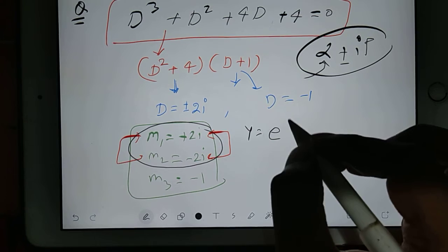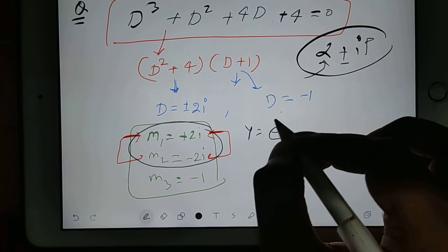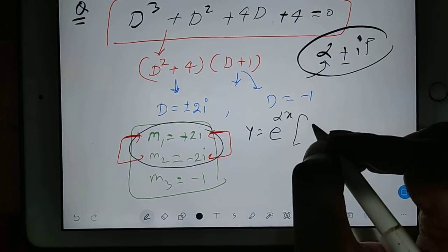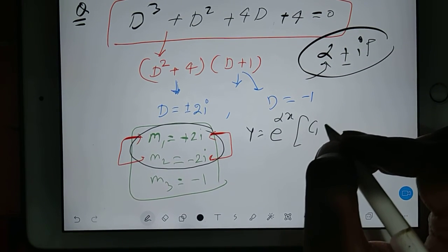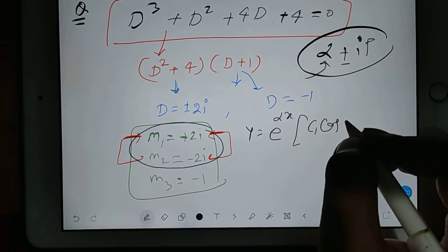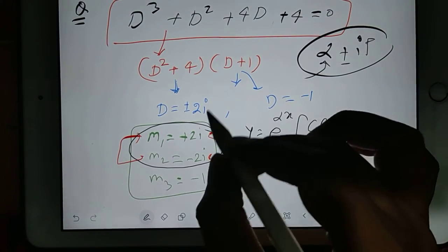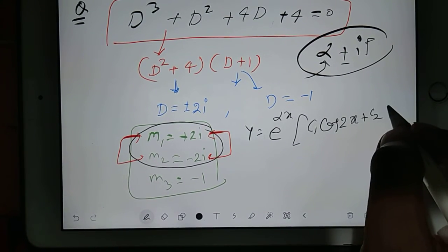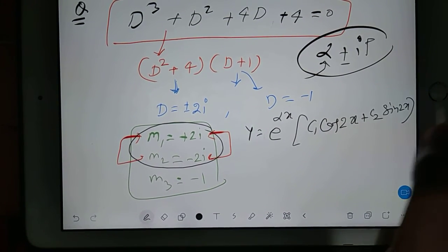So your e power alpha x, and then in brackets you have to write C1. Now see, you remember C1 cos beta x was there. So C1 cos beta x, where the coefficient of i is 2, so cos 2x, plus C2 sin 2x.